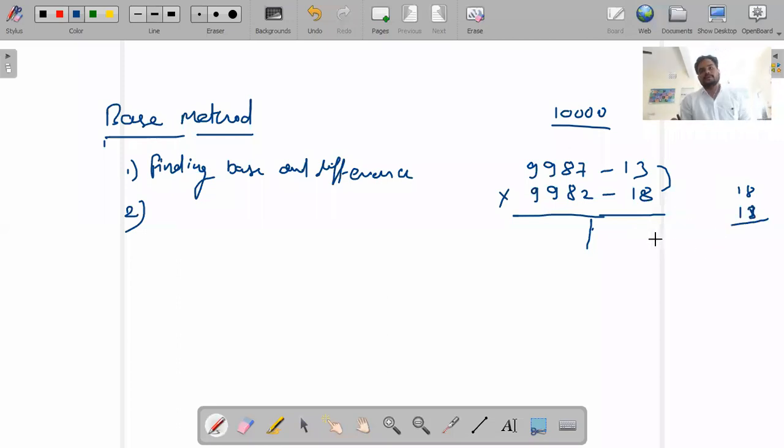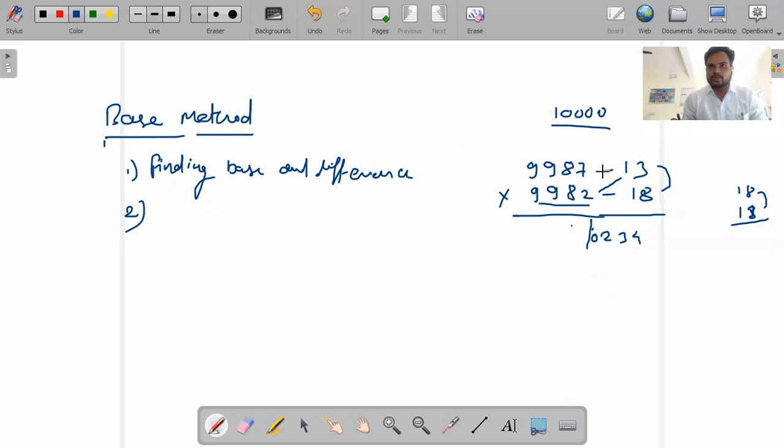Do the crisscross method here. 2, 3, 4. See, there are 3 digits, but we should have 4 digits here. So we should put 0 before the 2, 3, 4. And what is the next thing? You have to subtract 13 from 9982 because the minus sign is there.